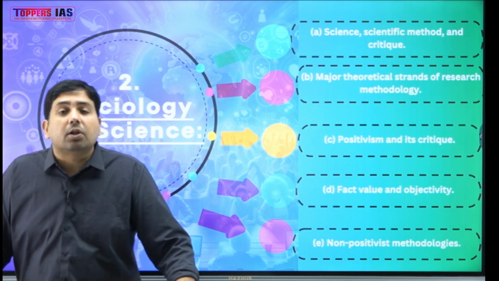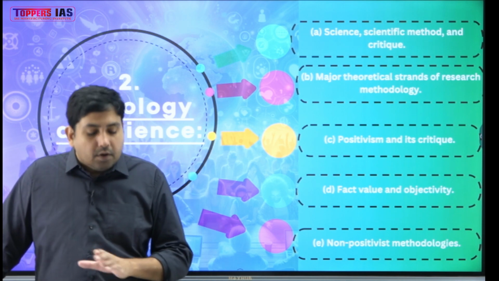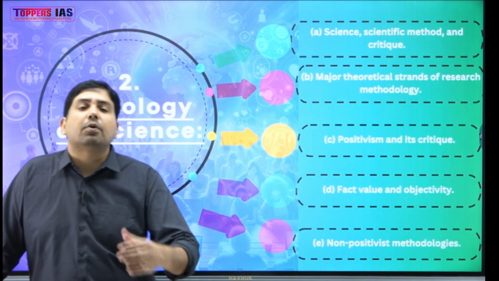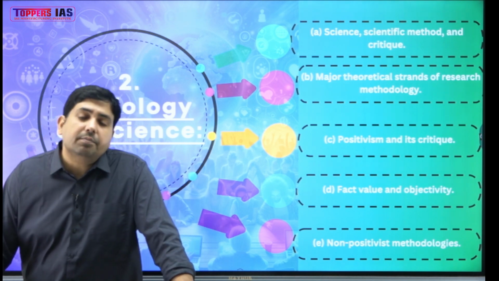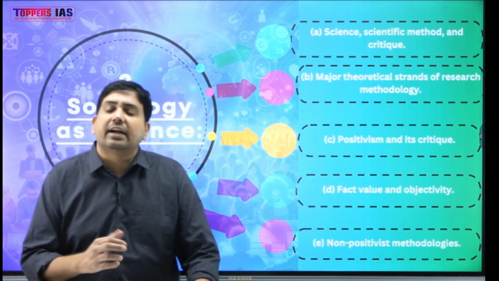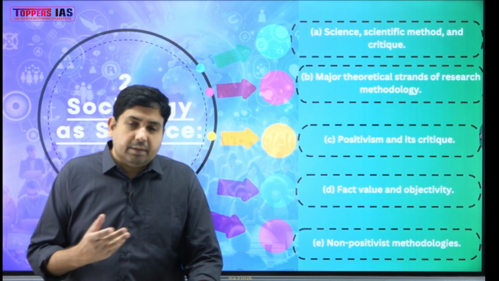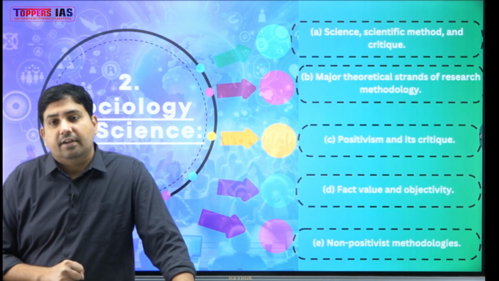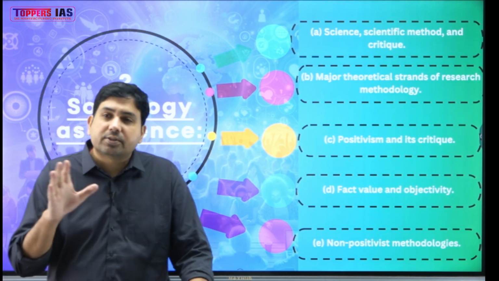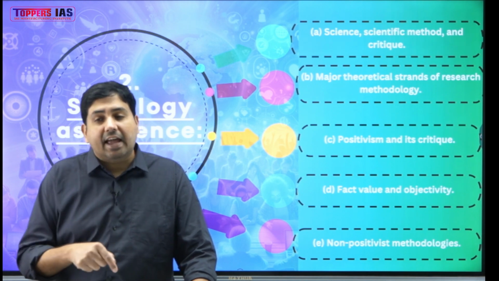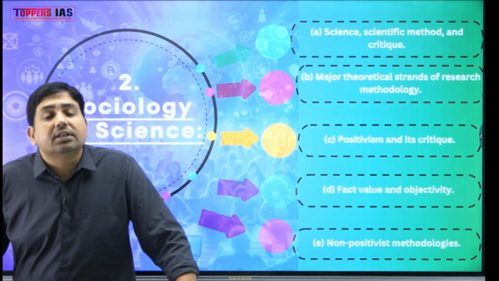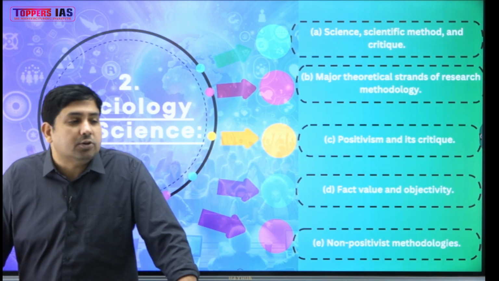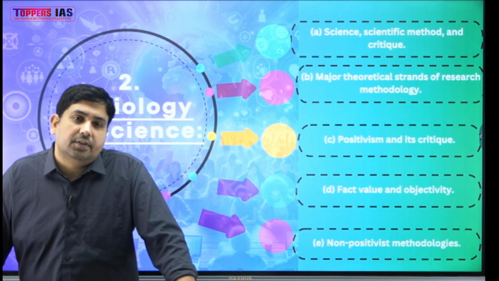So for example, positivism and its critique is separately mentioned. Now what is positivism? Positivism is a philosophical approach that argues that sociology is a science, and that the social world, society, can and should be studied using the same scientific method as natural sciences such as physics and biology do.